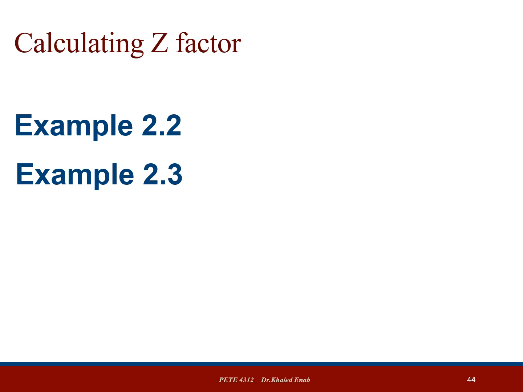Those correlations are straightforward with the book, it's a kind of iteration, and you can generate a code using Excel or any coding language, and you'll be able to calculate a Z factor using the same methodology. You use the reduced pressure, or the pseudo-reduced pressure, and temperature.